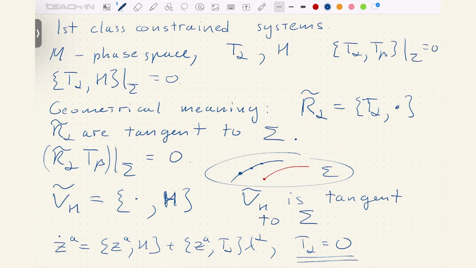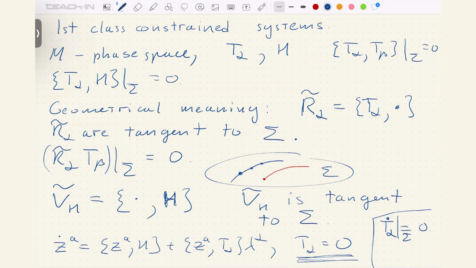But in fact, if the system is first class, then if the initial point of our evolution belongs to sigma, then this constraint is preserved in time. That is why we don't get further consistency conditions by considering this. Do you remember, right? Because we consider this T dot alpha, we substitute the first equation in here, and we get that on sigma it is 0. So the constraint is preserved.